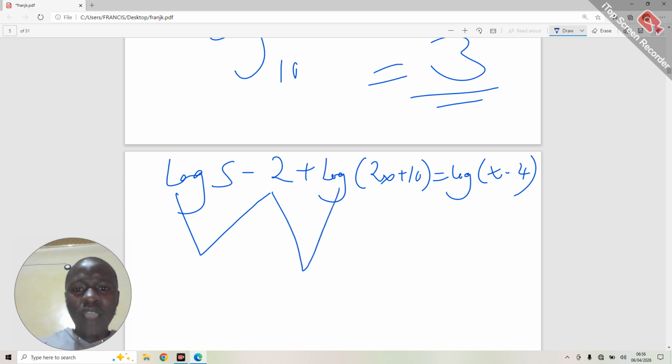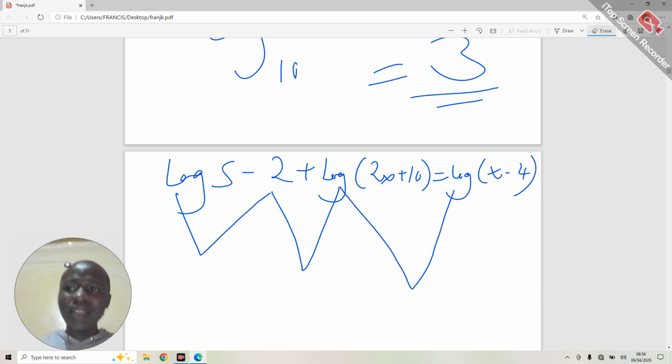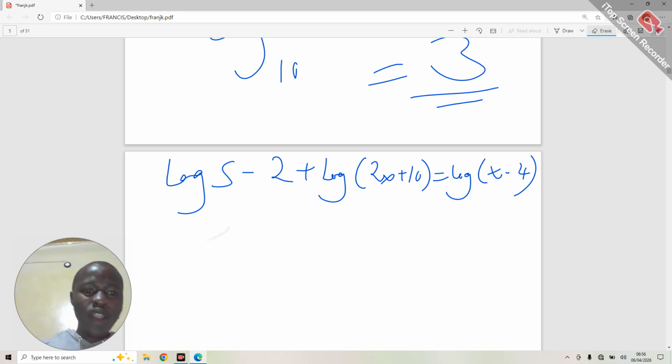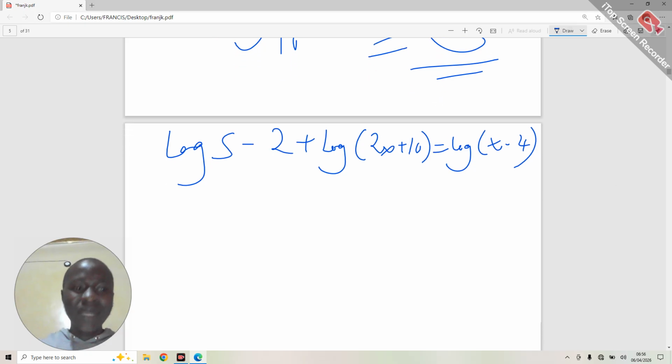From this point, we have log. From this point, we have log. So let it be something that is flowing. Log, log, log. Now, what happens when a log is missing? For instance, in this case, we don't have a log. Remember, it should be something flowing. It should be a series of log, log, log. So what happens when a log is missing?